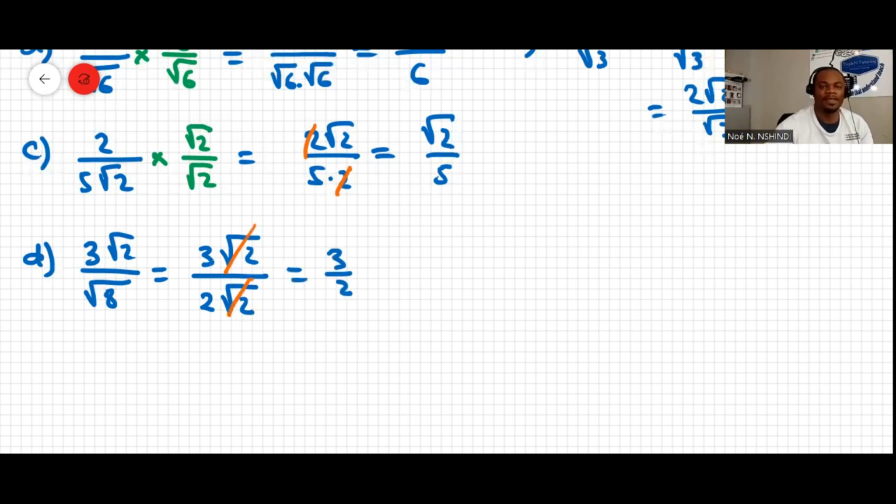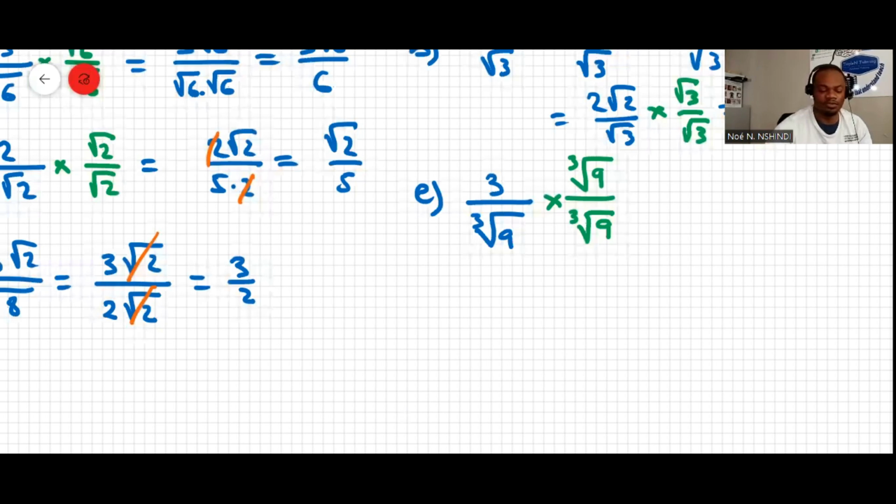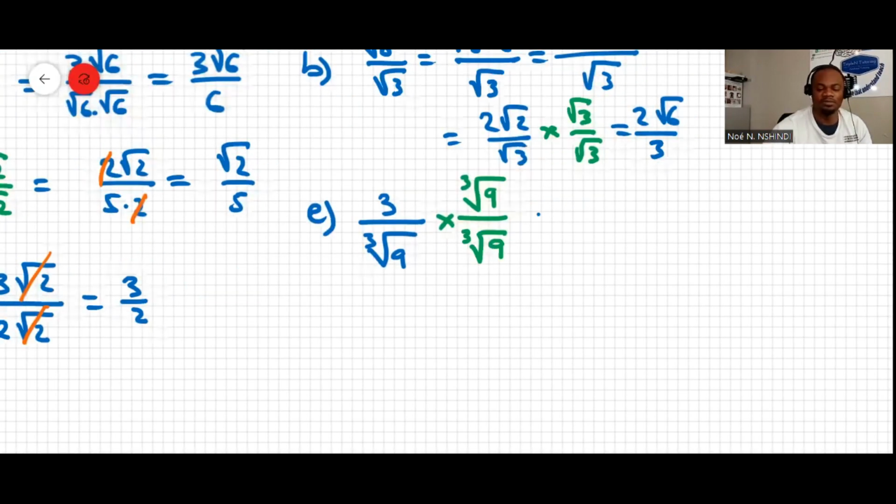And then we can also do E, which is 3 over the cube root of 9. Now, over there, we multiply that by the cube root of 9 over the cube root of 9. And then this will cancel the cube root at the denominator, and that makes 3 cube root of 9 over 9.